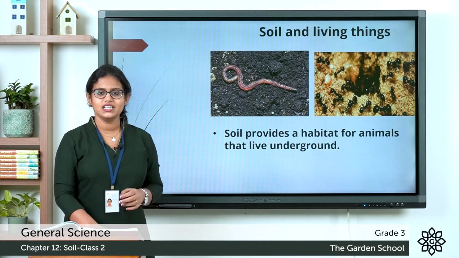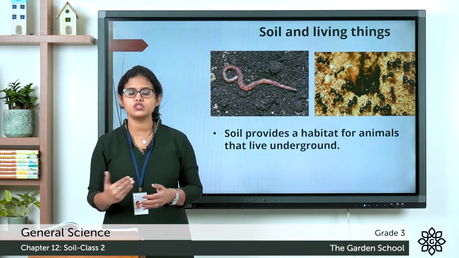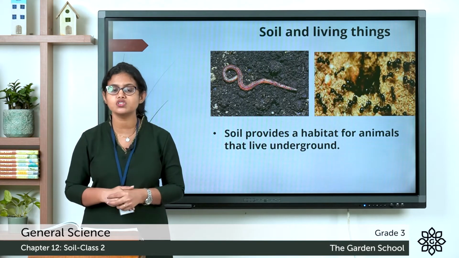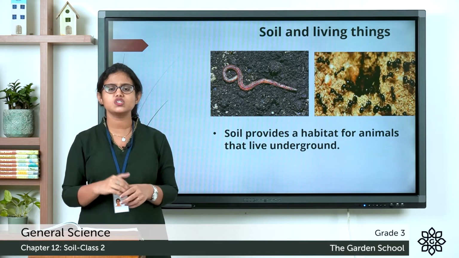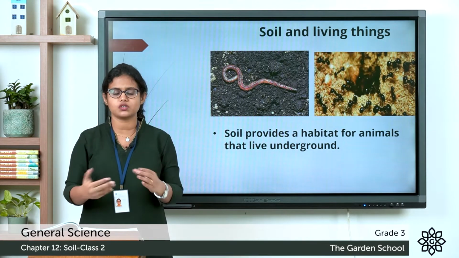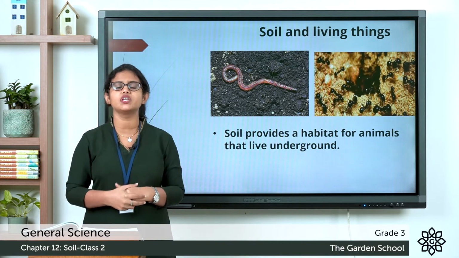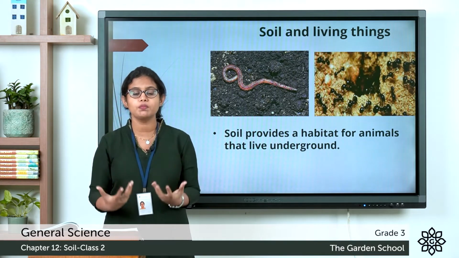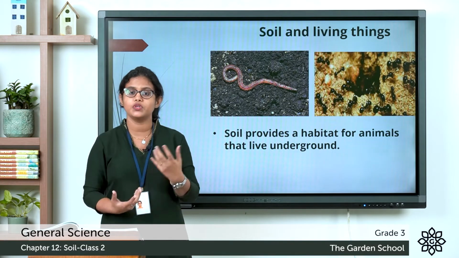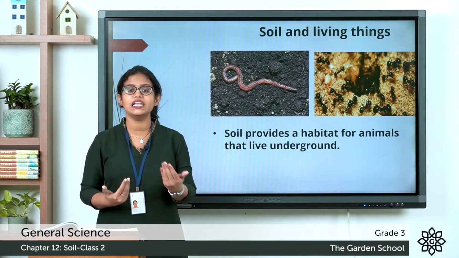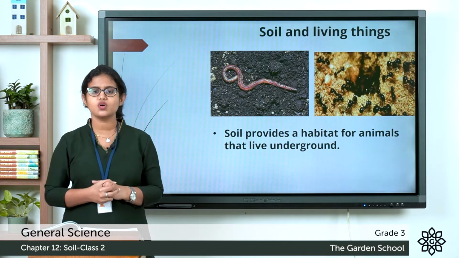Now let's see how soil is important to living things. Soil provides habitat for many living organisms, which means the right kind of environment for them.